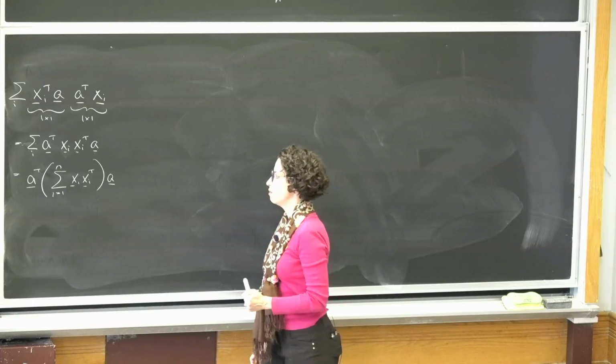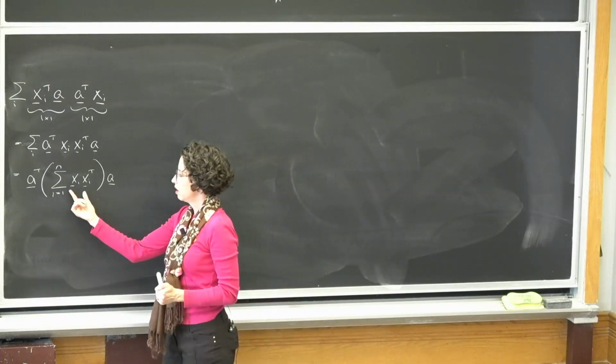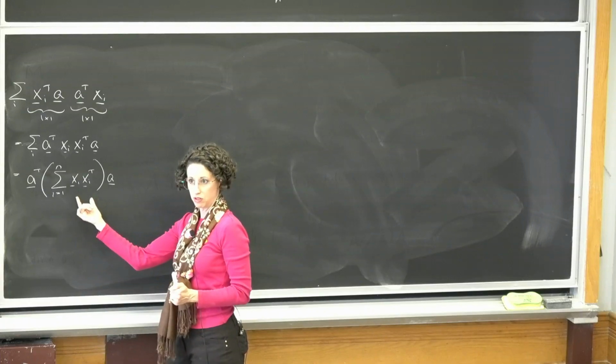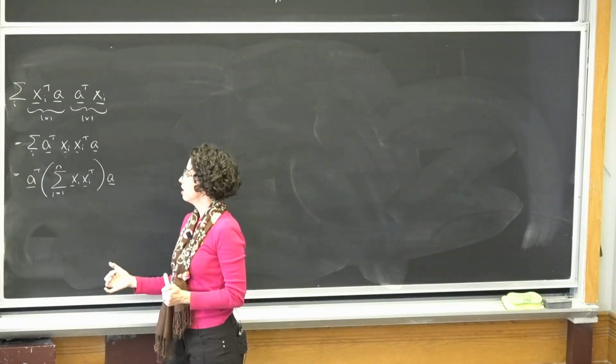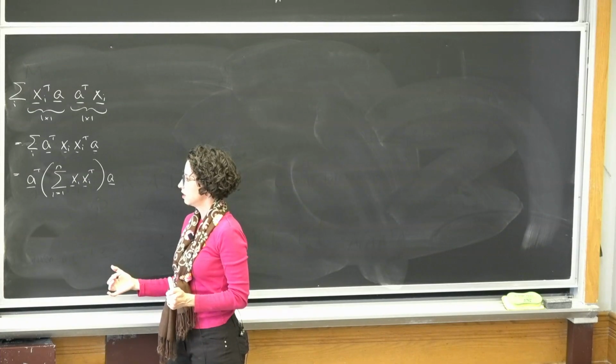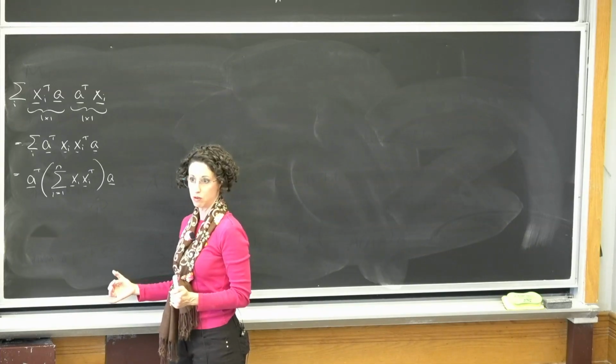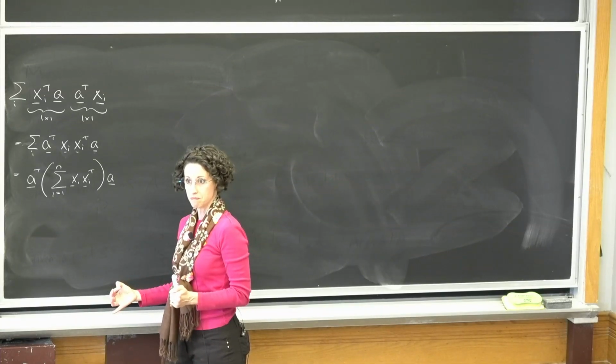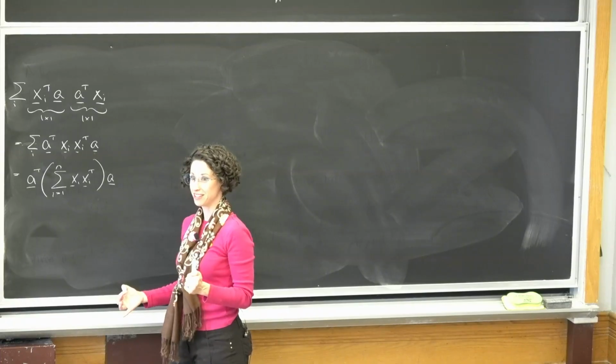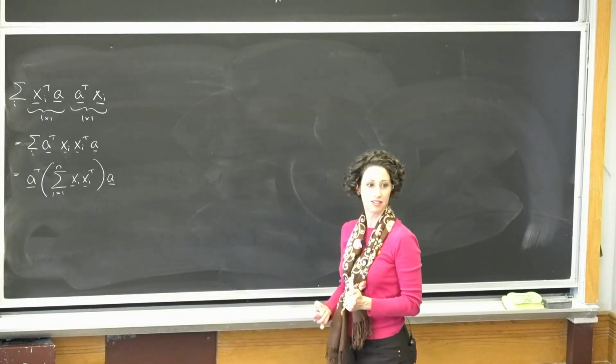And now if I think about, well, what is this sum of Xi transposes? How can I write that? Then that is going to be exactly X transpose A. Does that answer the question? Super. Any other questions?